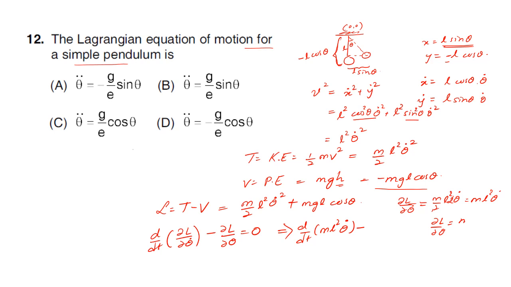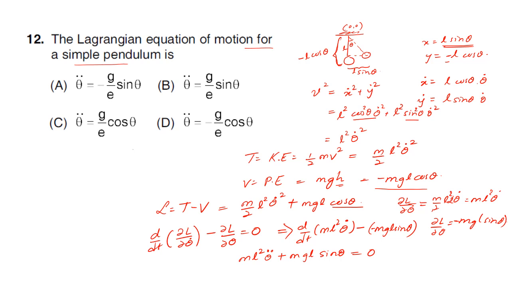Dou L by dou theta is m g L times the differentiation of cos theta, which is minus sin theta, so minus m g L sin theta. So that is m L square theta double dot plus m g L sin theta is equal to 0.